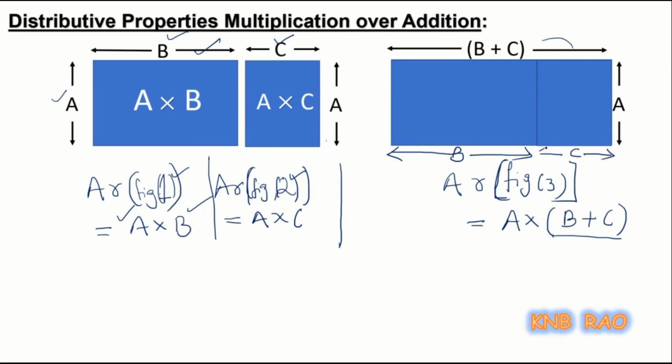This is C, which is the length of the second rectangle. Putting one beside the other, joining the first and second figures, gave me the total length, which is B plus C, as the length of the third figure. Therefore, its area is A into B plus C.